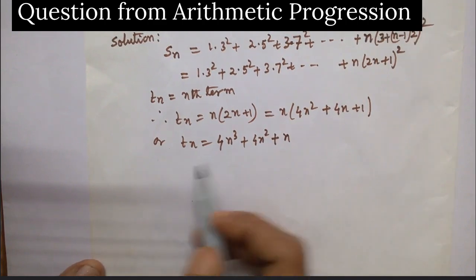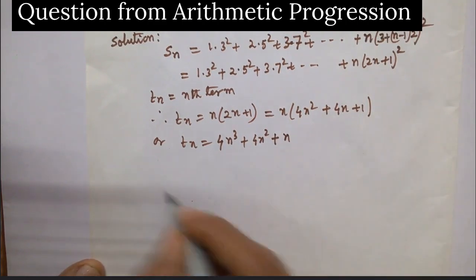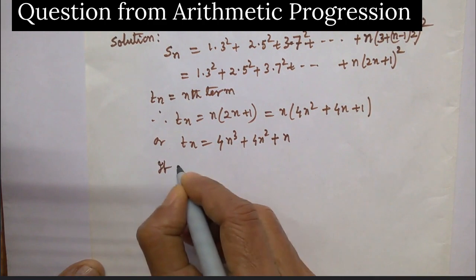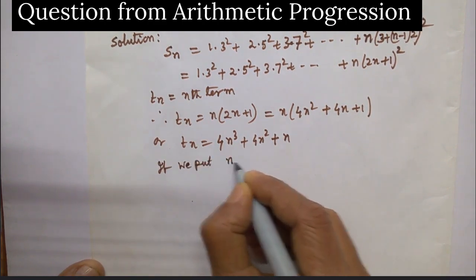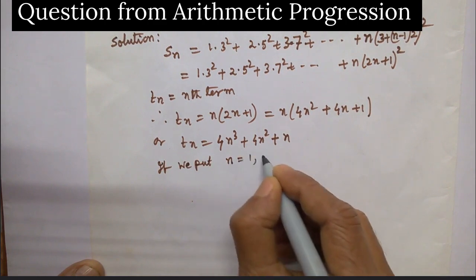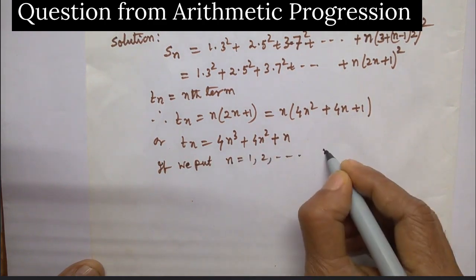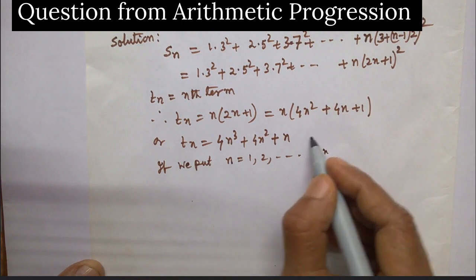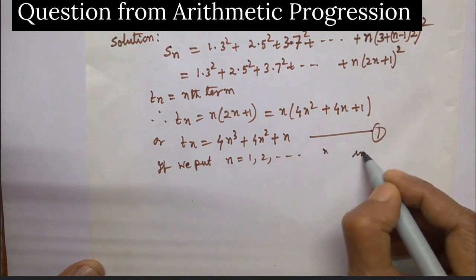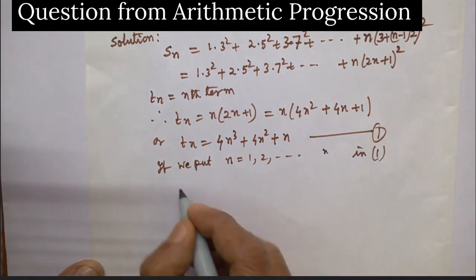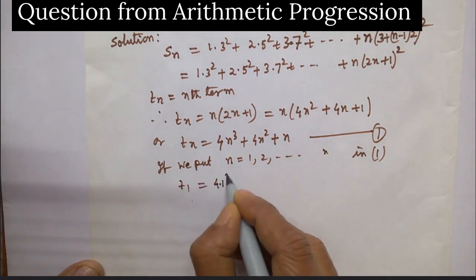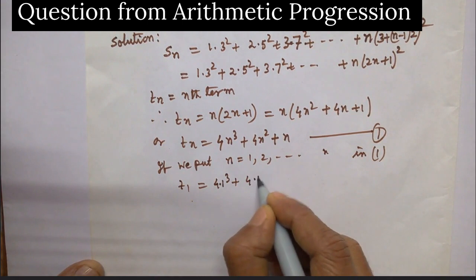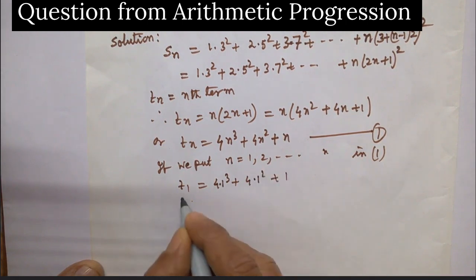Now if we put n equal to 1, 2, and so on up to n, what will the equations be? T1 is equal to 4 into 1 cube plus 4 into 1 square plus 1.